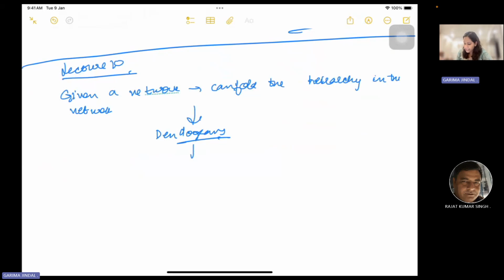Using these dendrograms, one can predict the probability of whether the nodes will be connected. Dendrograms will give you certain communities, and based on those communities, or based on the dendrogram, you will identify the probability of whether the nodes are connected or not.